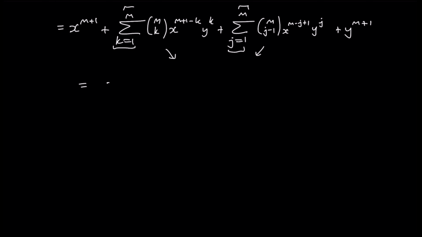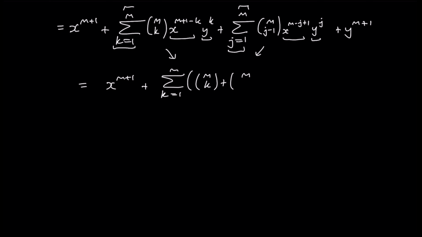So when I do that, I get x to the m plus 1 plus the sum from k equals 1 to m. I also notice that these x and y terms actually match up, so I can factor those out. So I get m choose k plus m choose k minus 1, times x to the m plus 1 minus k, y to the k, and then that y^n term.